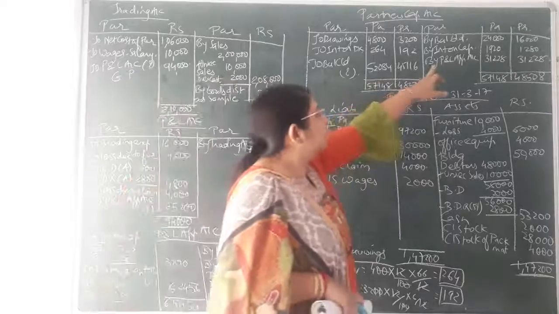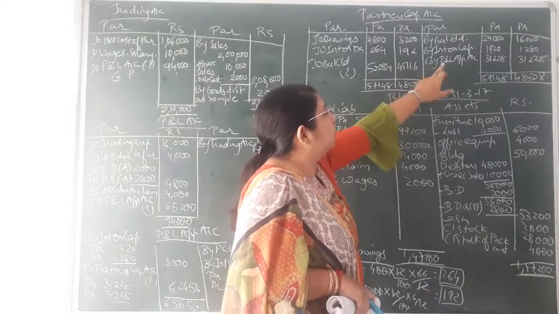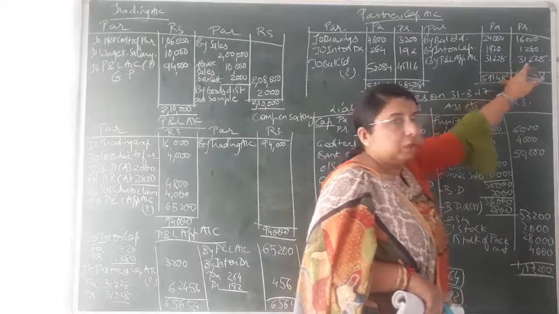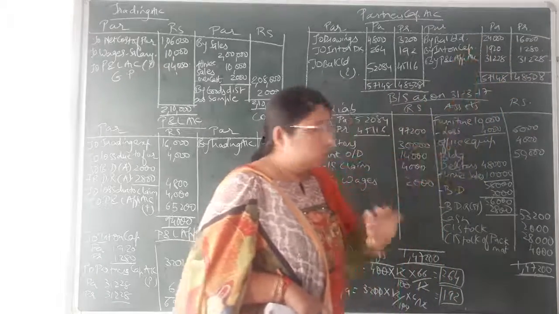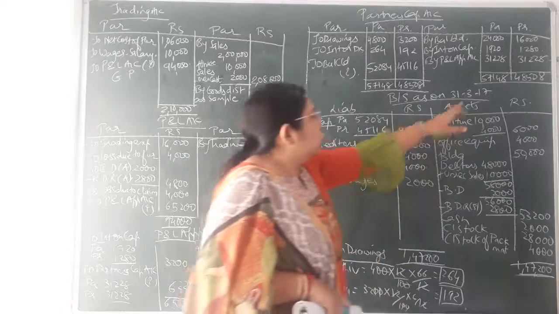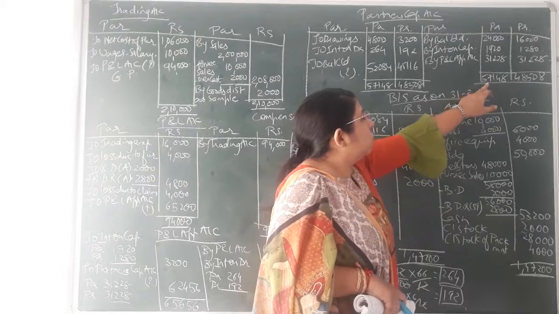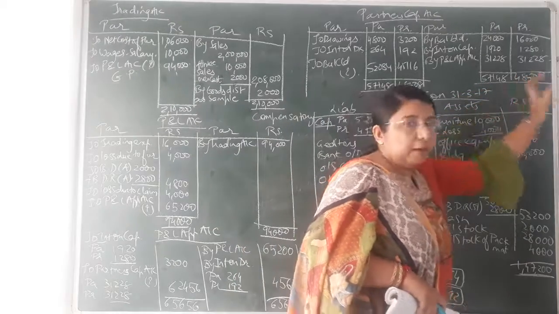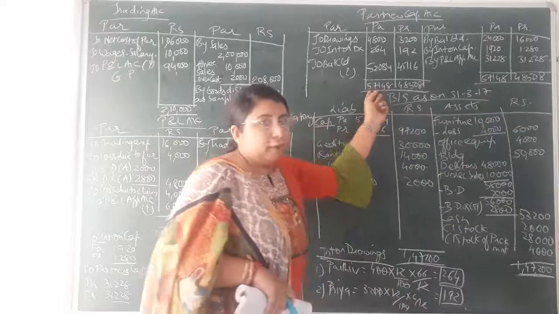You can see on the credit side of the partners' capital account, I have written by P&L appropriation account 31,228 and 31,228. Now closing the partners' capital account. The total of the credit side is more, 57,148 and 48,508. That same total I am putting on the debit side.